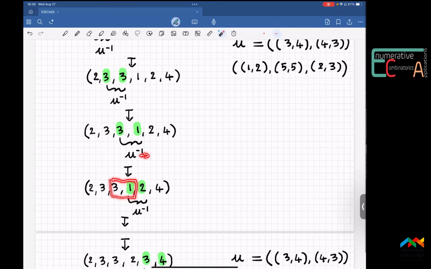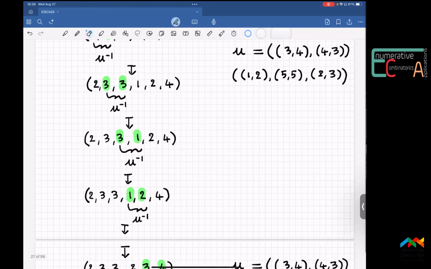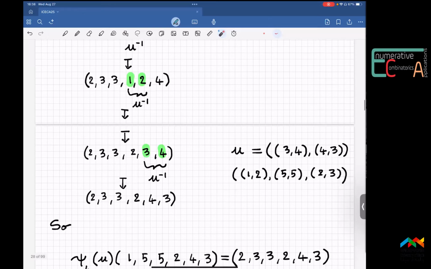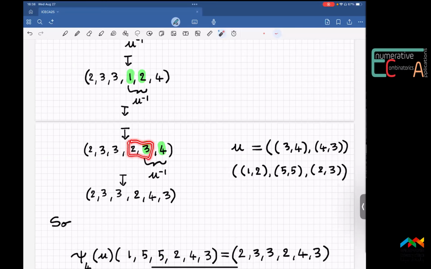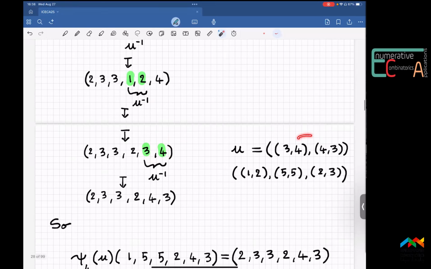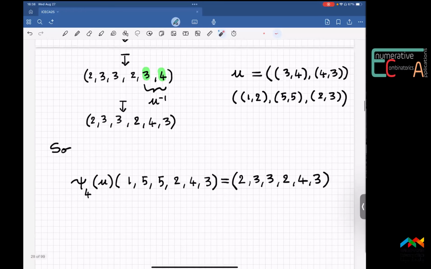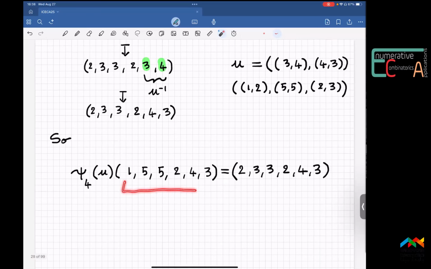U inverse moves one step to the right. Now you have to apply u inverse to 1, 2. U inverse of 1, 2 is 2, 3. So 1, 2 becomes 2, 3. And u inverse moves to the right. And finally, we have to apply u inverse to 3, 4. U inverse of 3, 4 is 4, 3. So this becomes 4, 3. And this is it. So psi 4 of 1, 5, 5, 2, 4, 3 is 2, 3, 2, 4, 3.